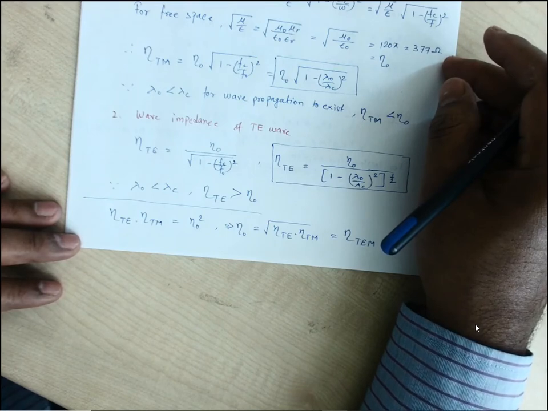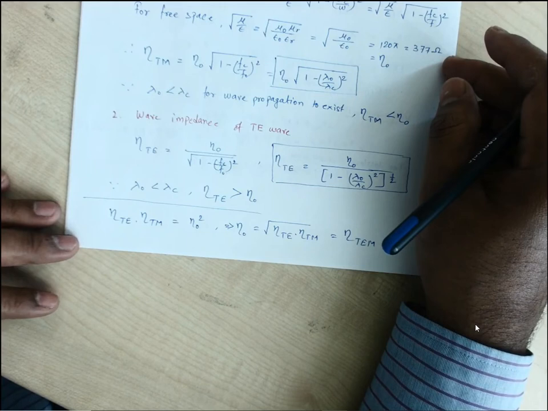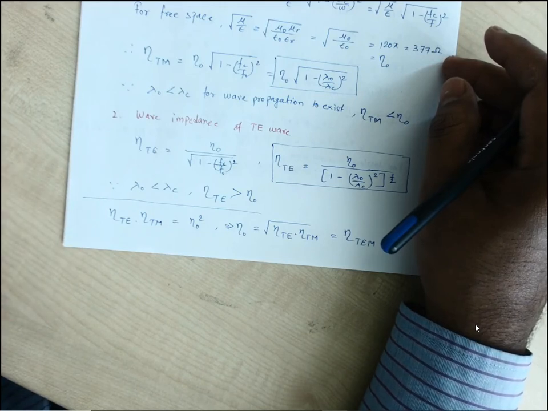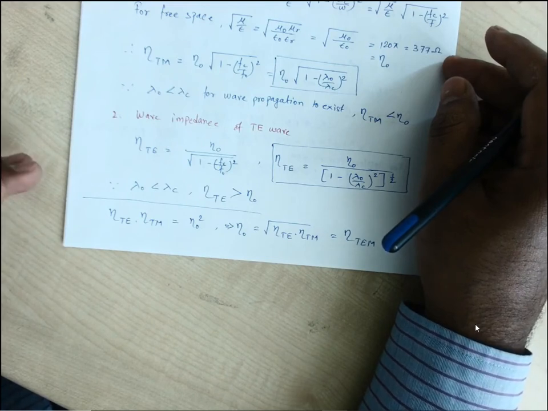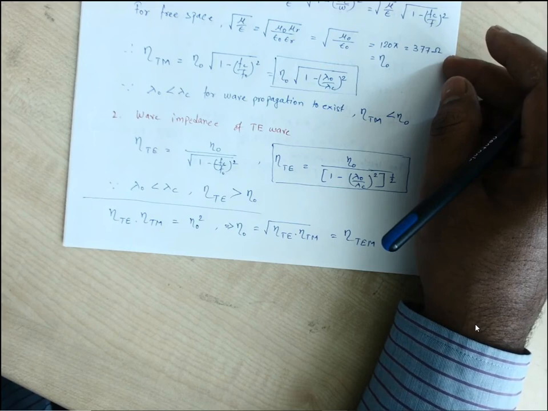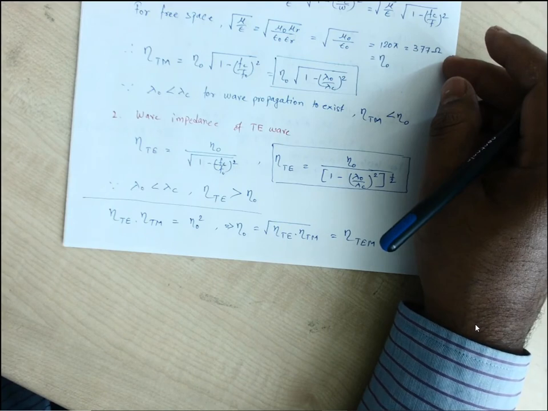Conceptually they are not the same. The intrinsic impedance is considered for the wave impedance when the wave is propagating in free space. In the same way we can use the same nomenclature, but for the waveguide we need to specify which kind of wave it is, either TE wave or TM wave. If we consider eta TM, we say it is the wave impedance for the TM wave.